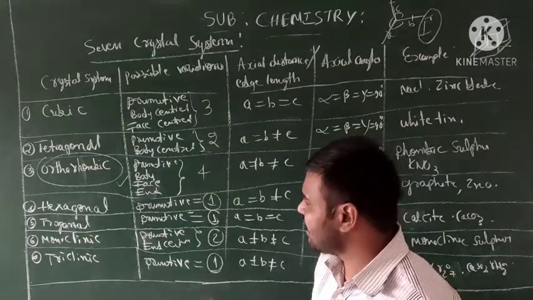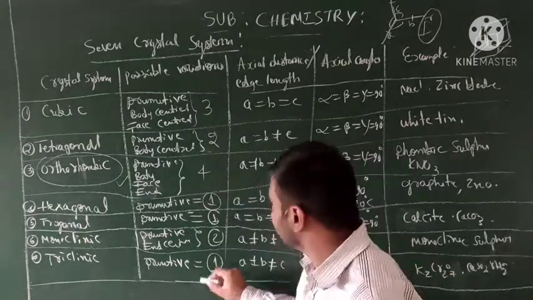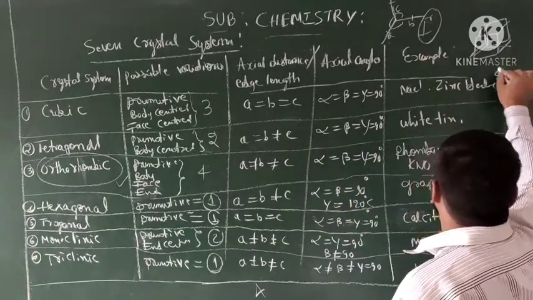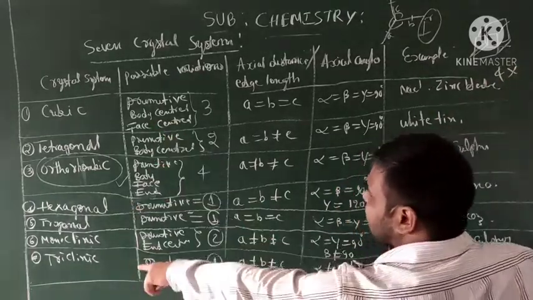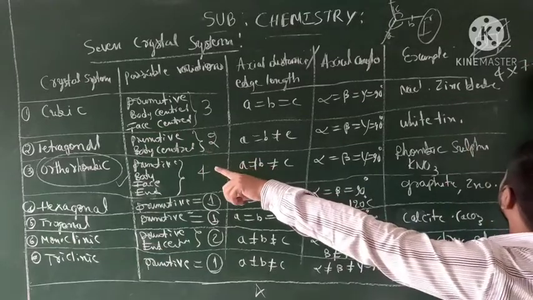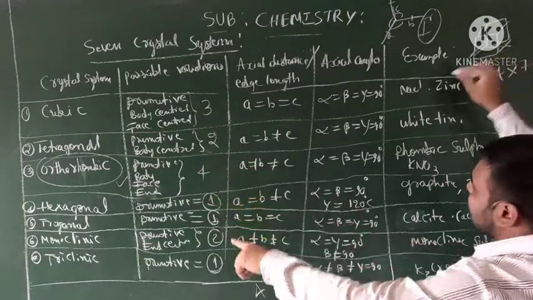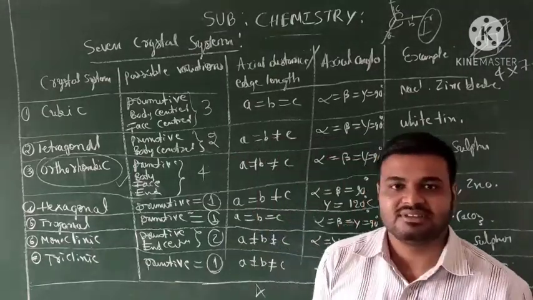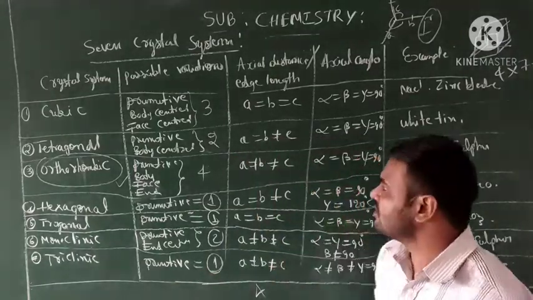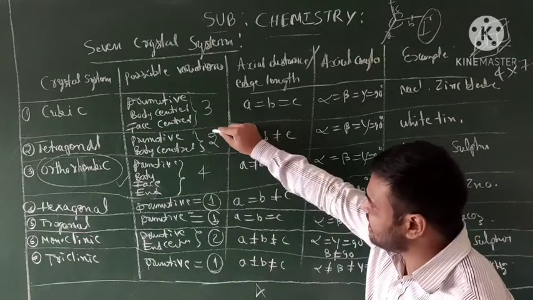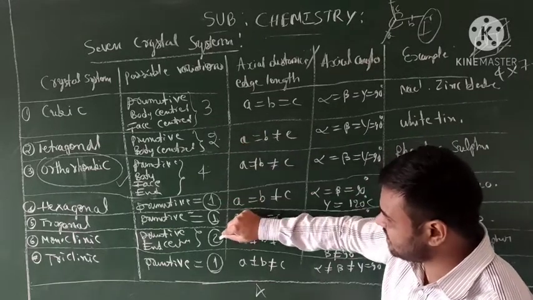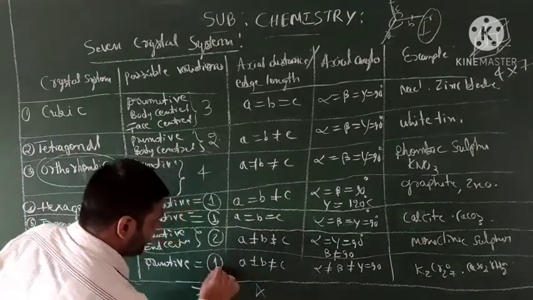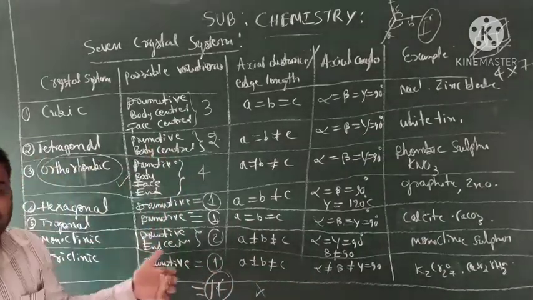One structure can have 4 possible variations, so 7 crystal systems could give 28. But we cannot observe all 28. We observe only 3 plus 2 plus 4, 1, 1, 2, 1. In total, 14 possible variations we can observe.